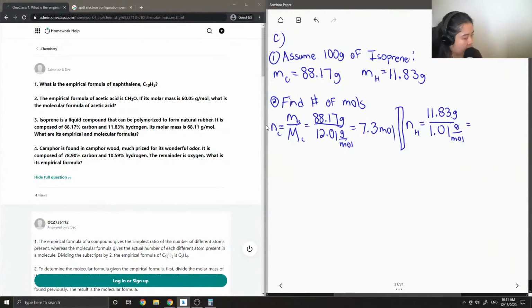This gives us number of moles equal to 11.8. Now that we have the number of moles of both, we want to divide by the smallest.